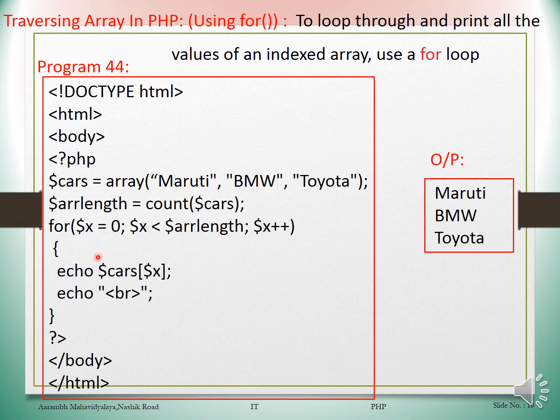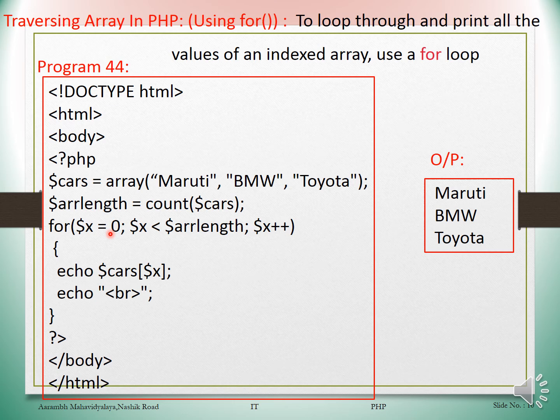Okay, then we have used the for loop. For x equal to 0, the initial location is 0, x is a variable, x is less than array length, then x plus plus. What will happen with this for loop?